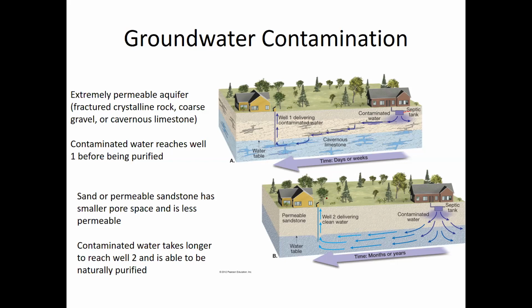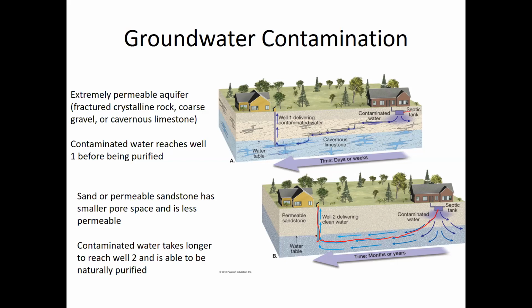But the idea is you can have a well of a neighbor next door, and it'll be fine even though there's a septic tank next door, because if the permeability of the subsurface is low enough, that contaminated water takes months to years to travel to that well.